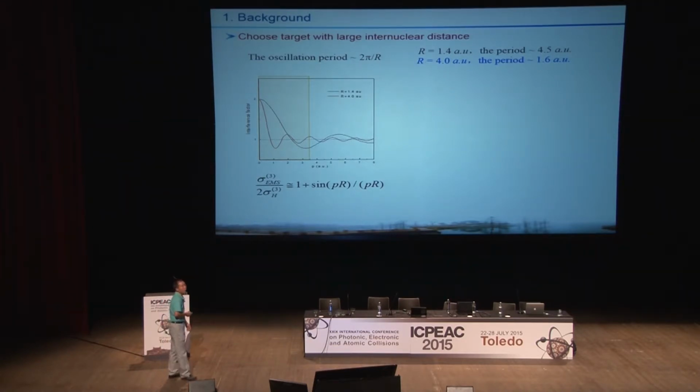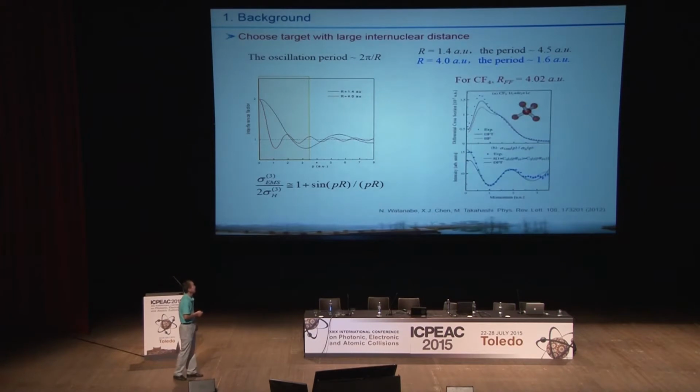So we can use a typical EMS spectrometer to observe the interference effect in the low momentum region. This picture was just shown by the last speaker, so the interference effect can be observed from this picture.